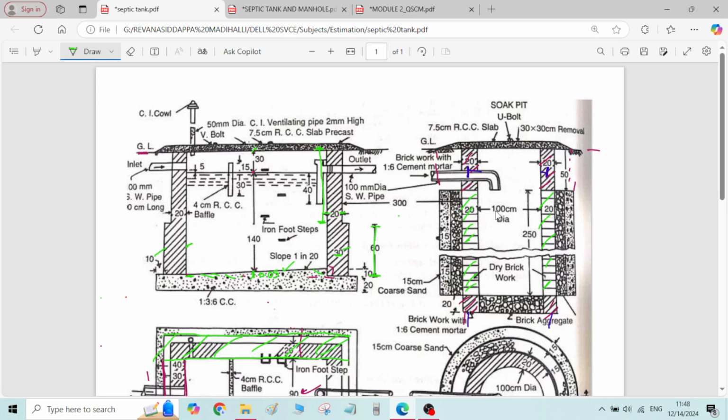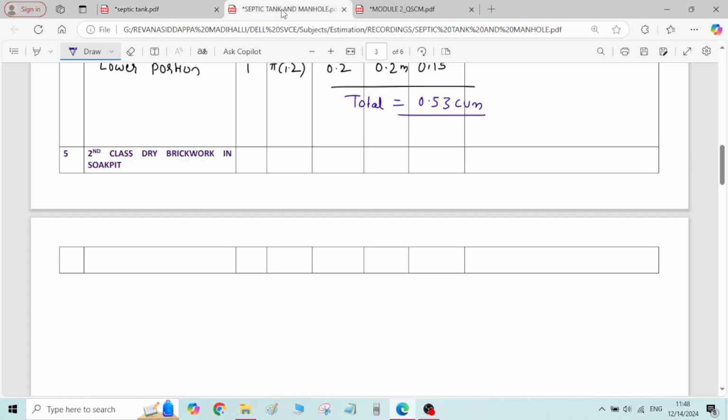Average diameter will be the same, 1.2 meter, because both second class brickwork and second class dry brickwork have the same thickness. Average diameter will be 1.2 meter, width will be 20 centimeter, that is 0.2 meter, and height is 2.5 meter, 250 centimeter.